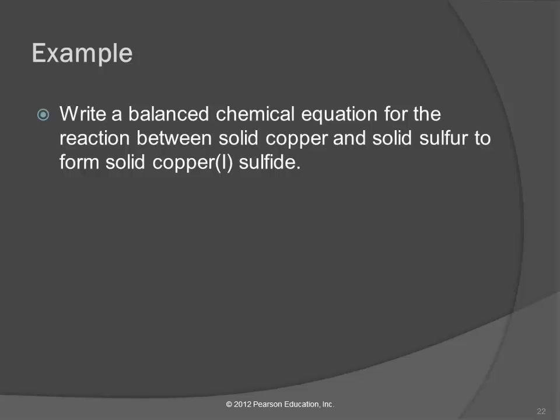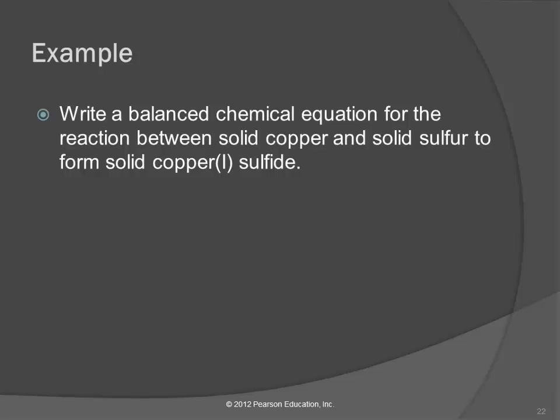So these are all going to be sentences with names of elements and compounds, and so then we have to write the formulas, and so this is also going to give us some practice from Chapter 5, the nomenclature stuff. So here we're asked to write a balanced chemical equation for the reaction between solid copper and solid sulfur to form solid copper 1 sulfide.